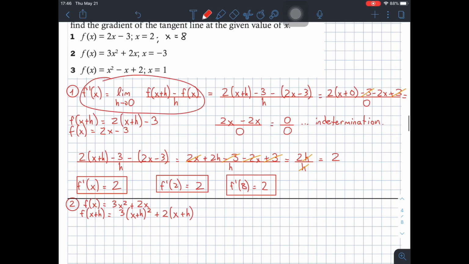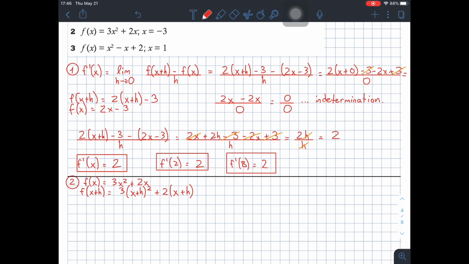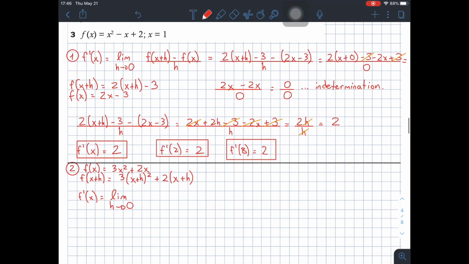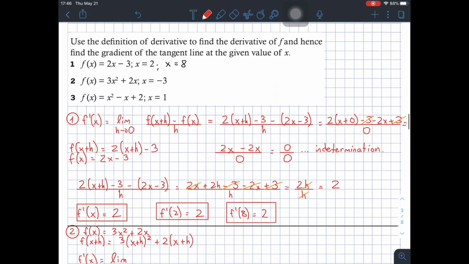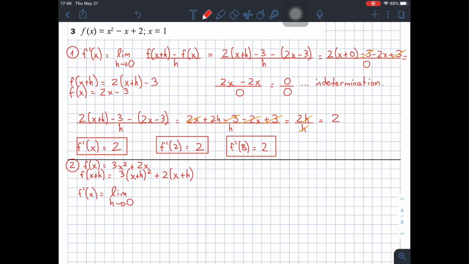Okay, so now if I apply the concept of derivative of a function, we would say that f prime of x is equal to the limit when h approaches 0 of f of x plus h, which is all of this.